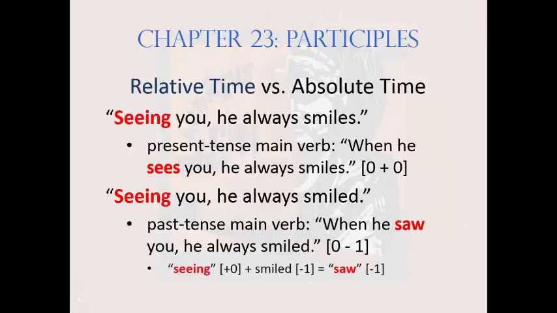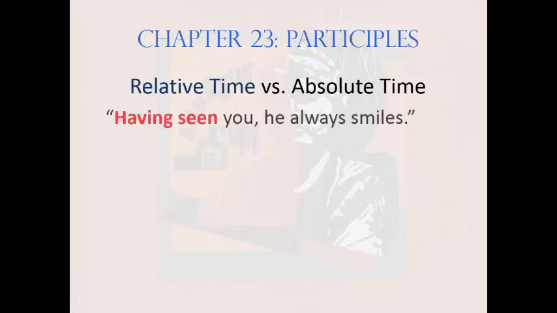The participle "seeing" has a time value of +0, and the main verb "smiled" a time value of -1, making the true or absolute time of the participle -1. So in a "when" clause, which requires a finite verb, it has to be "saw." Now what if the participle is perfect, but the main verb is present? "Having seen you, he always smiles."